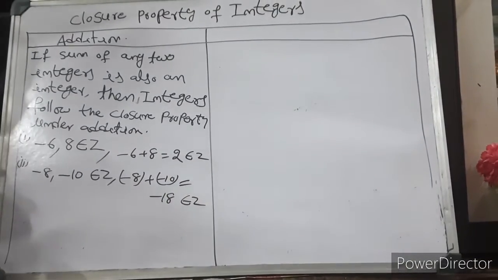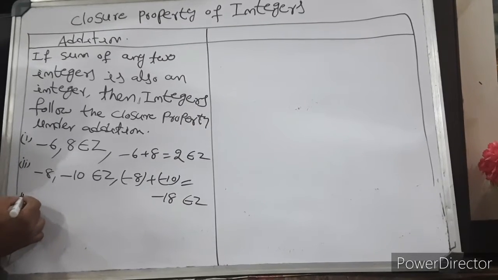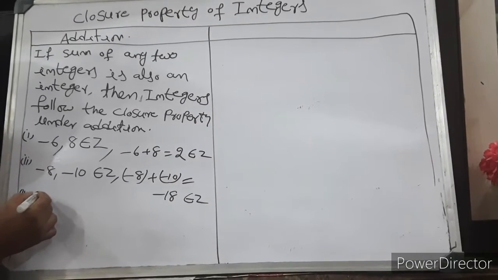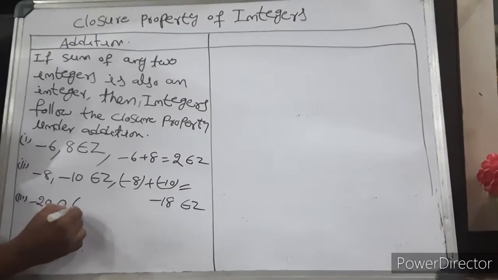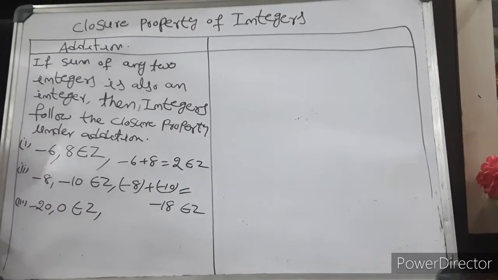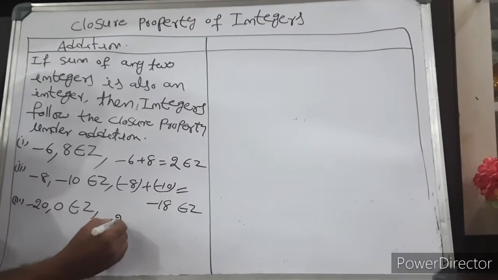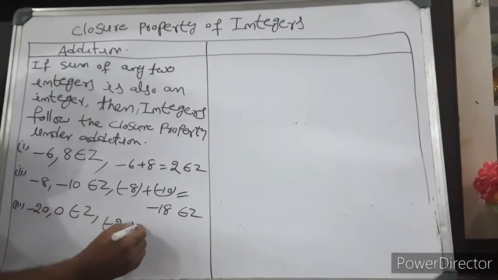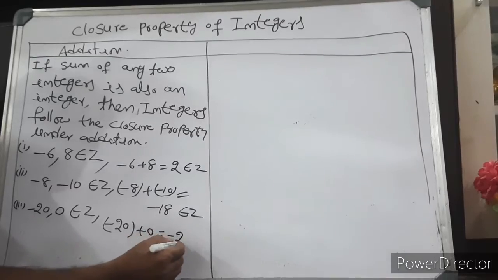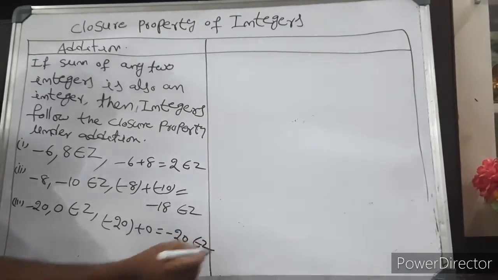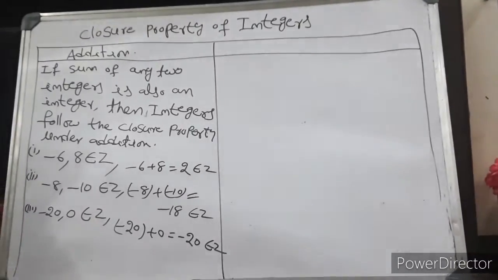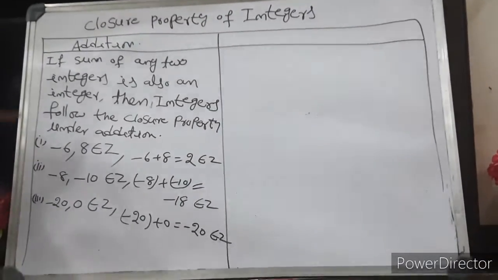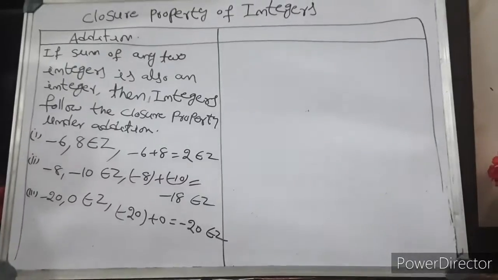So it is also an integer. And also we take another example. -20 and 0 belong to Z. What is the sum? The sum, -20 plus 0, is equal to -20. That means -20 is also an integer. That means for any two integers, their sum is also an integer.